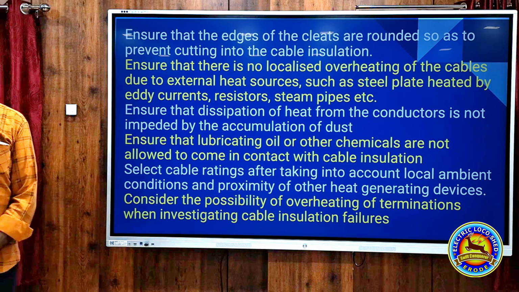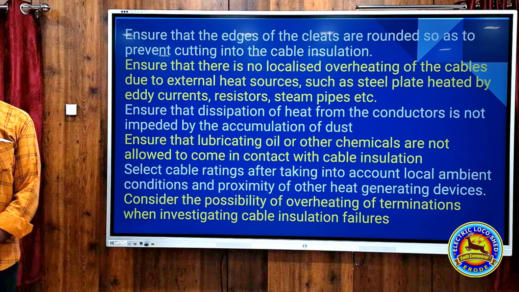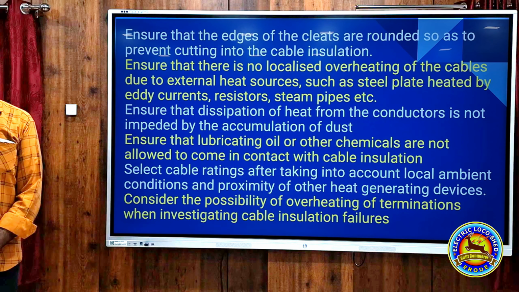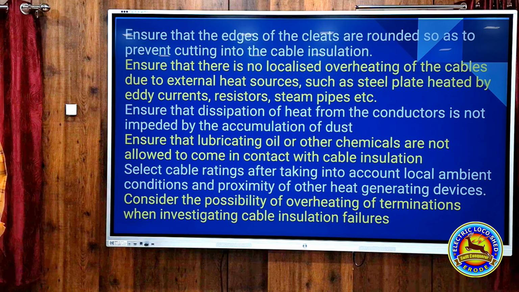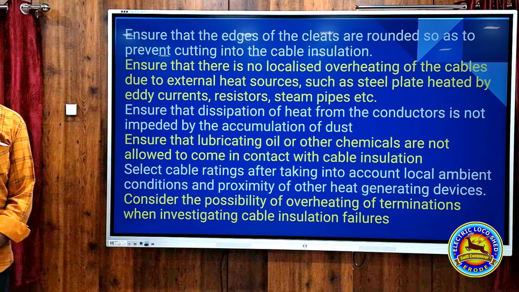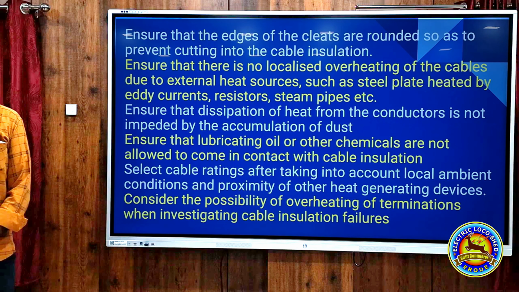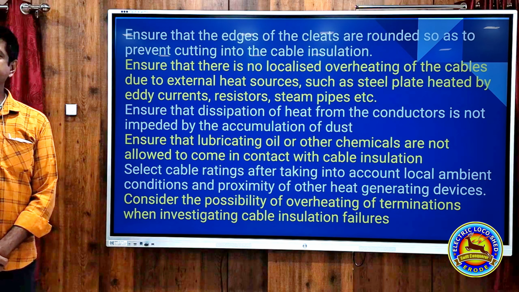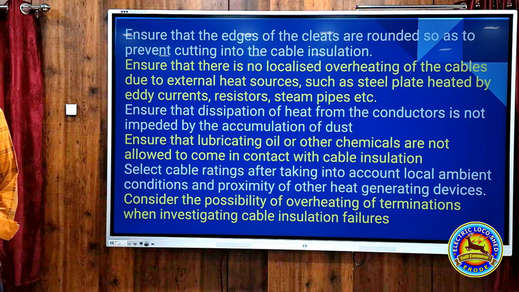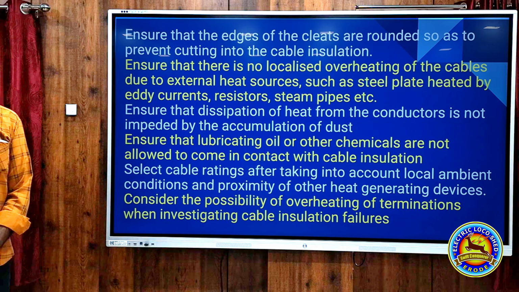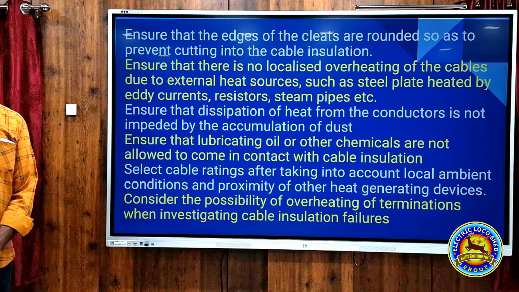If we are exposing that cable to some heat or high heat area, there is a chance to reduce the capacity of the cable. Especially if we are providing a fully loaded cable in a concealed area or in a tube or in a cable trench, and it is fully covered, the capacity to carry the current will get reduced.